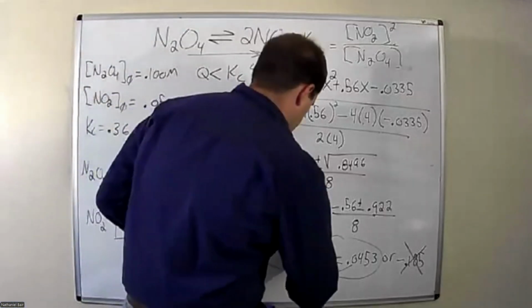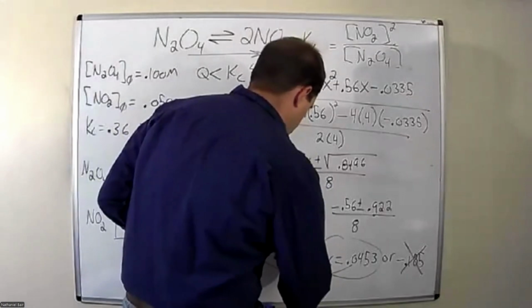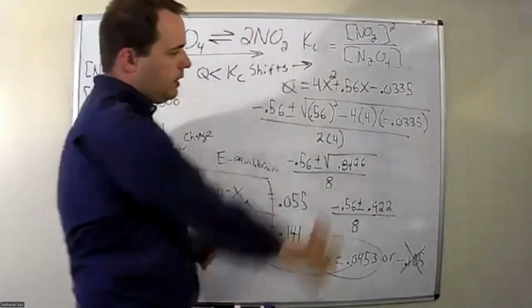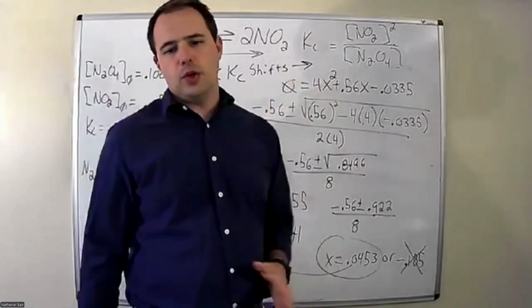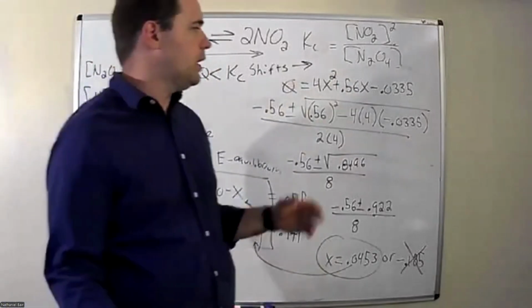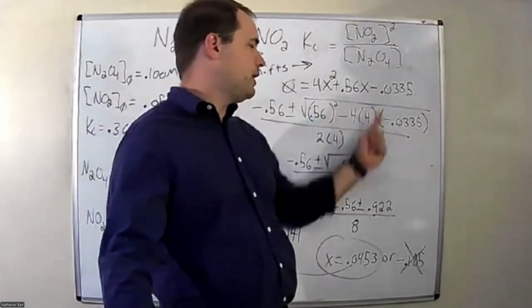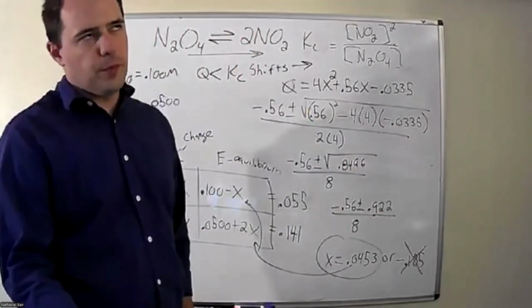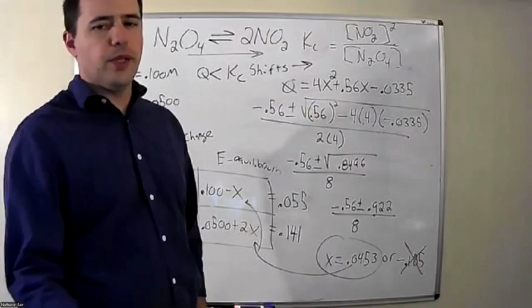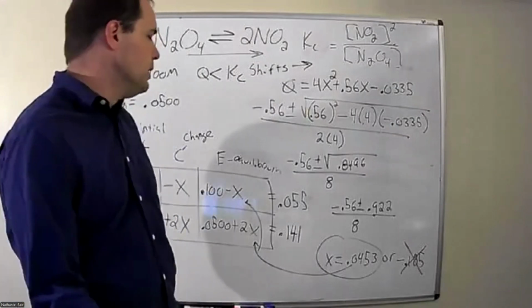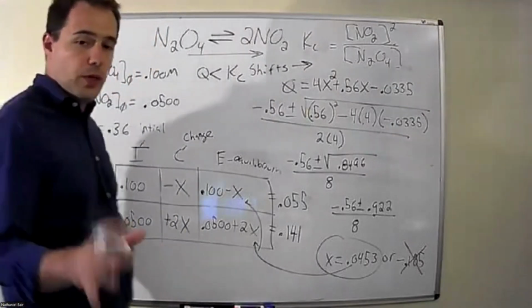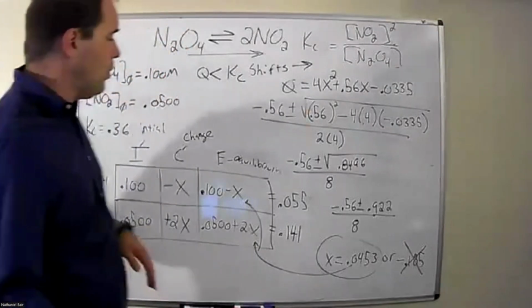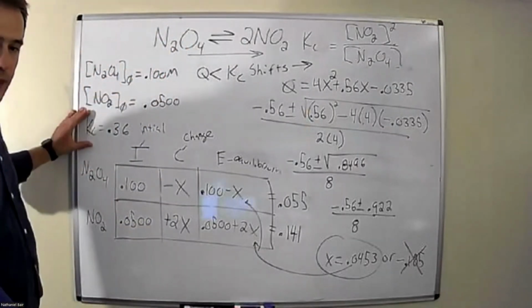I would, if it was me, still want to check my work because there are so many little places that I could have gone wrong. A common mistake people make is they don't bring that negative with the 0.0335, the negative 0.0335, along into the quadratic. So how can you check your answer? Well, here's what we can do. We know the equilibrium constant is 0.36.